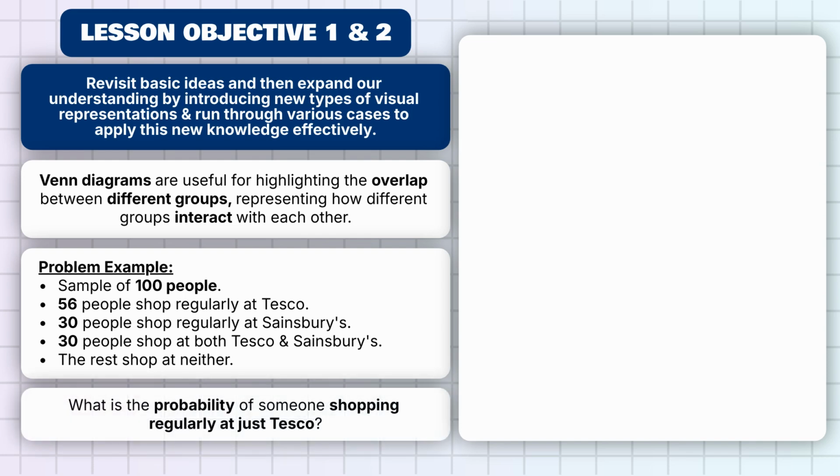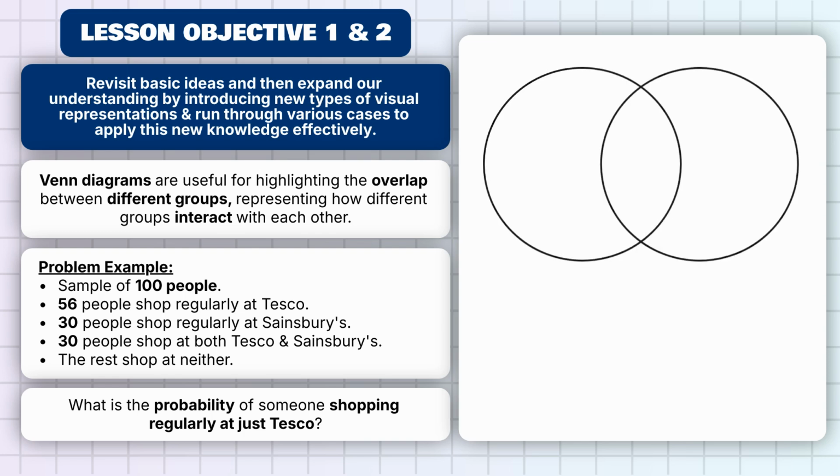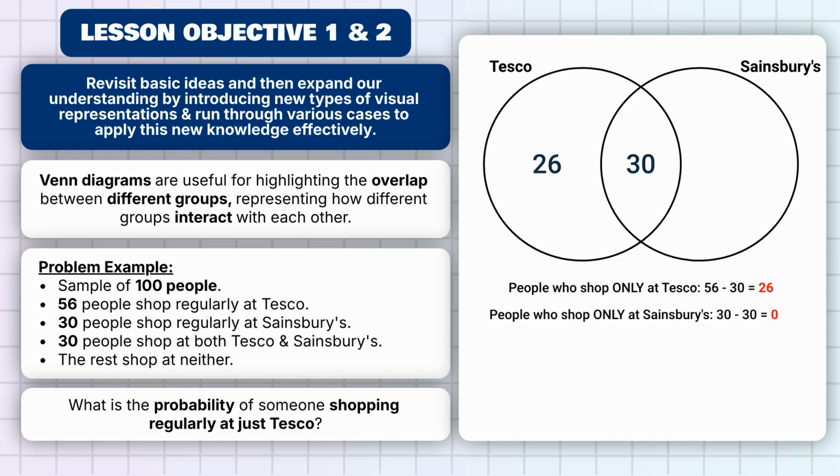To find the probability of someone shopping regularly at just Tesco, a Venn diagram is perfect. We start with two overlapping circles, one representing Tesco shoppers and the other Sainsbury's shoppers. Place the number 30 in the overlapping section for those who shop at both. For the Tesco circle, subtract the overlap from the total Tesco shoppers, which would be 56 minus 30, which equals 26, and do the same for the Sainsbury's circle to get 30 minus 30, which equals 0.